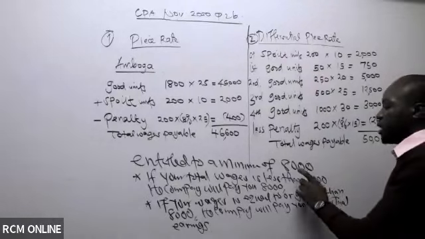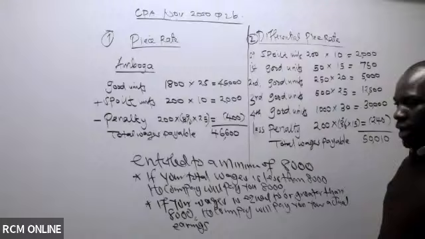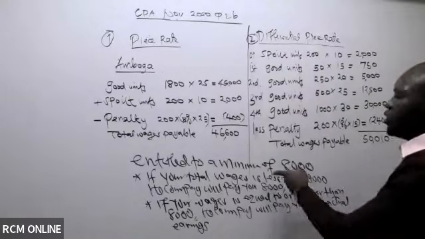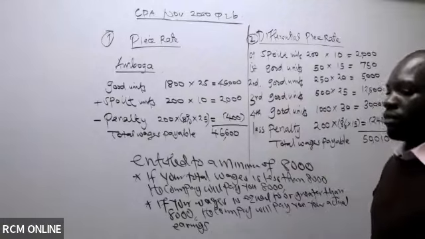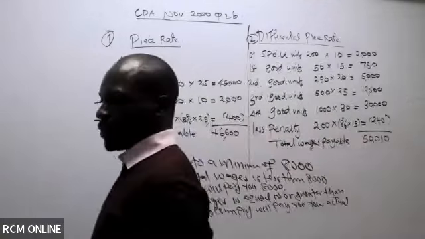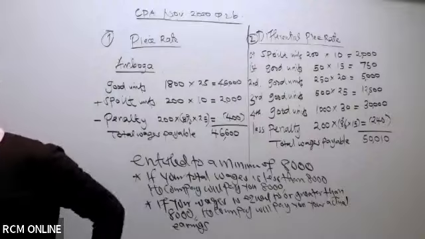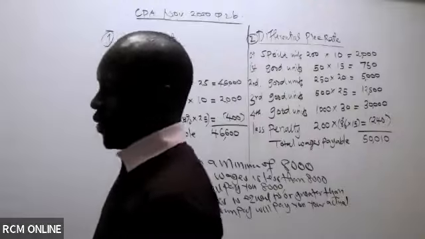Tutakupatia 8,000. But if your total earnings is more than 8,000, we cannot give you 8,000. We give you that actual earning. Is it clear now? Good.